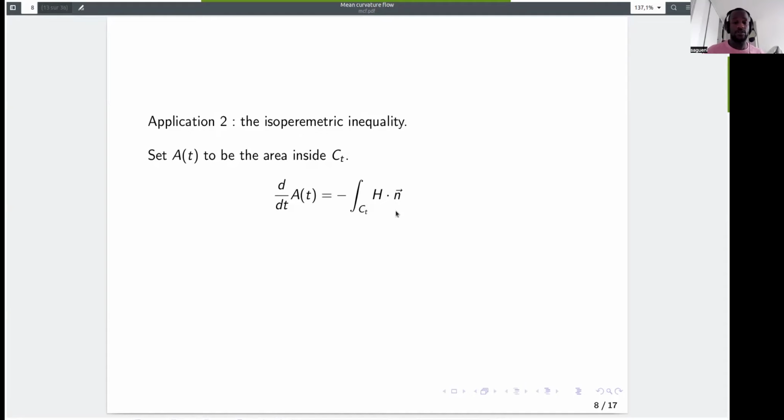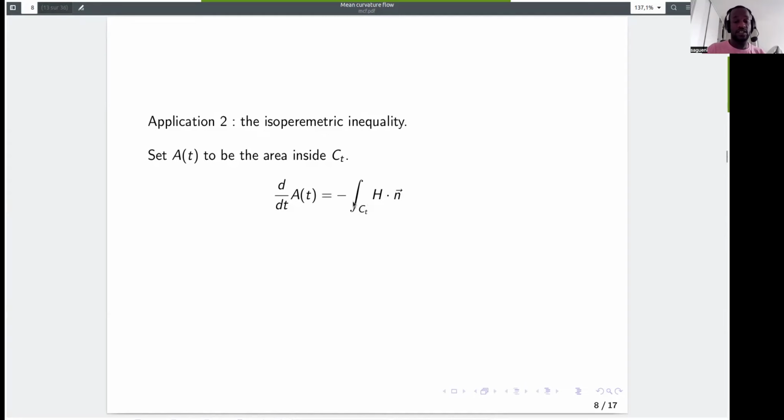So how to see this? You take your curve and you move it in the direction of H, and you take the difference of the area at time t and at time t plus epsilon, and the difference will be something around the boundary, around the curve, and we divide by epsilon.